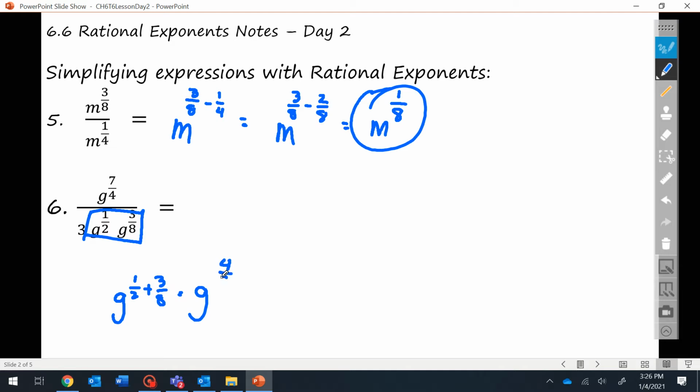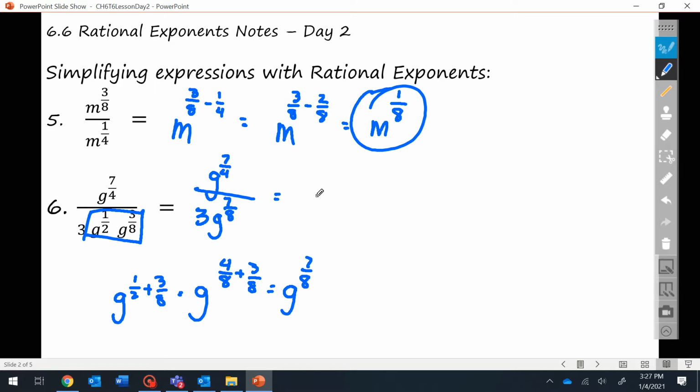So this is 4/8 plus 3/8, which is 7/8. So what I'm actually looking at here is g to the 7/4 divided by 3g to the 7/8.